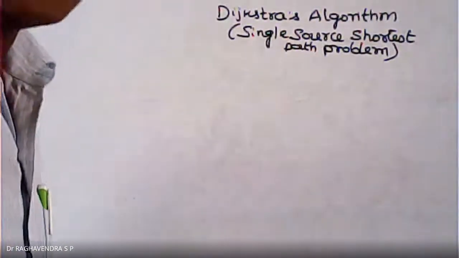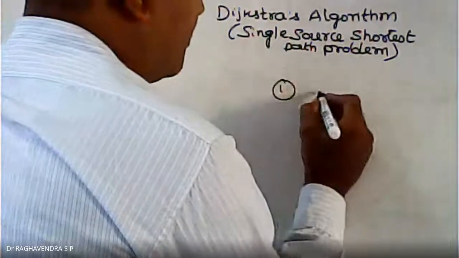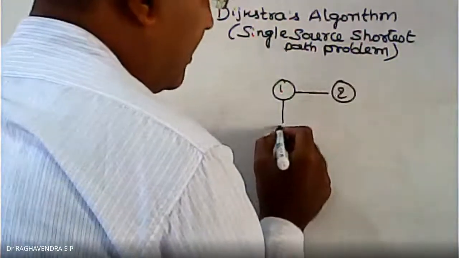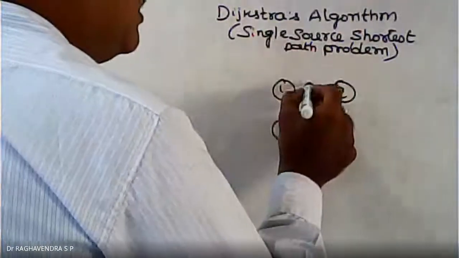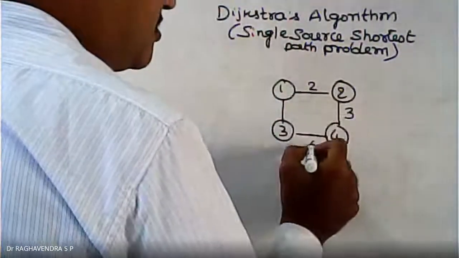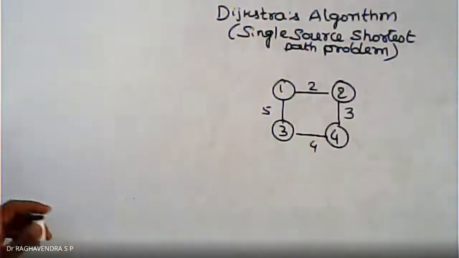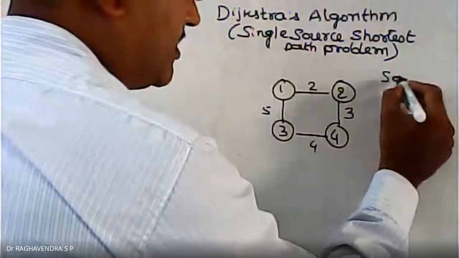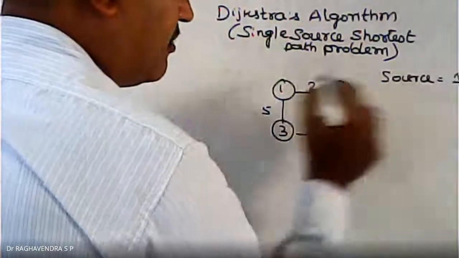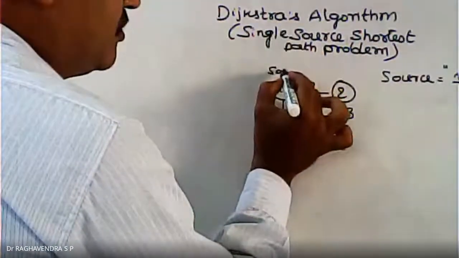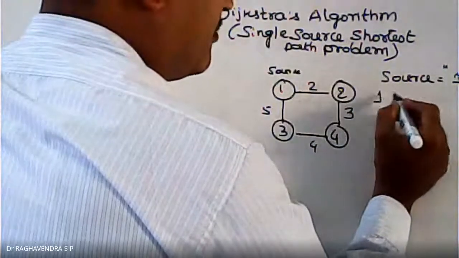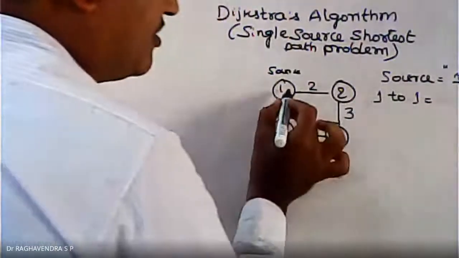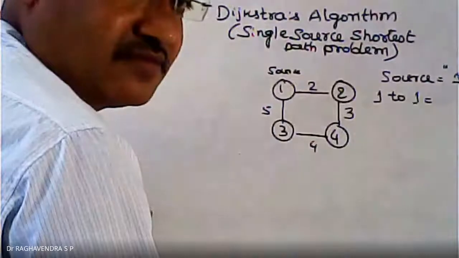So if you have a graph like this, there may be some costs associated. Consider the source is equal to 1. We have to find the shortest distance. Distance from 1 to 1 is 0.